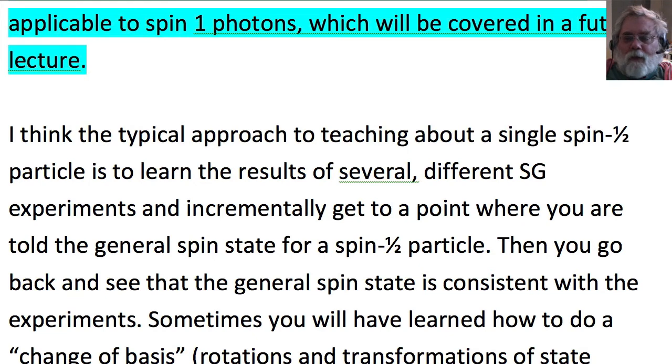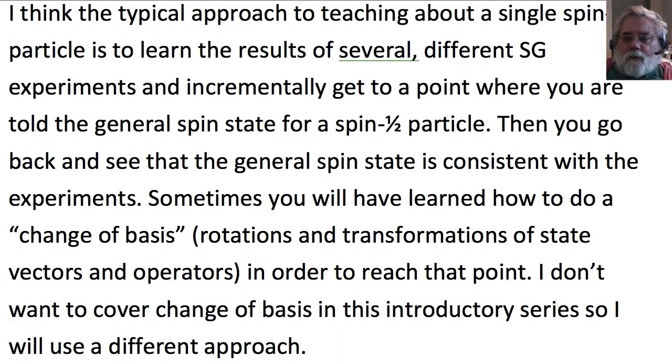You will cover angular momentum, you will cover rotations, you will get to that point of a general spin state for spin 1/2 particles. Then you go back and see that the general spin state is consistent with all those Stern-Gerlach experiments. Sometimes, in fact often, you will have learned how to do a change of basis, rotations and transformations of state vectors and operators in order to get to that point.